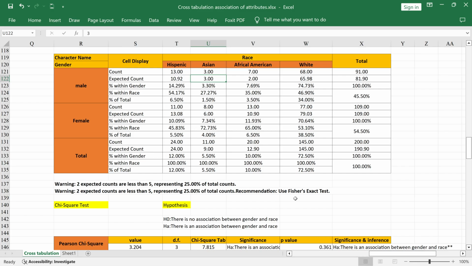This session we will only focus on the chi-square test, because many times researchers or students or anybody who needs this type of data analysis ignore the warning, right? They don't look at the warning and they use it anyway.